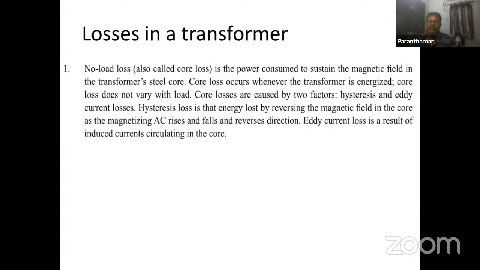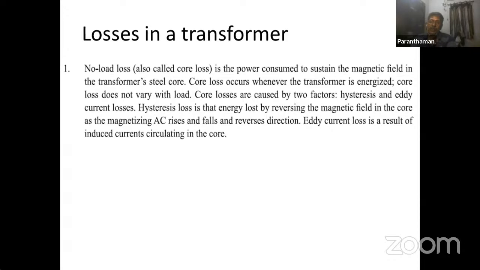The eddy current loss is also a no load loss, because the varying magnetic field will induce voltage not only in the conductor, sir, it will induce voltage in the core also. So there will be some circulating current in the core also. That's why we are laminating it.